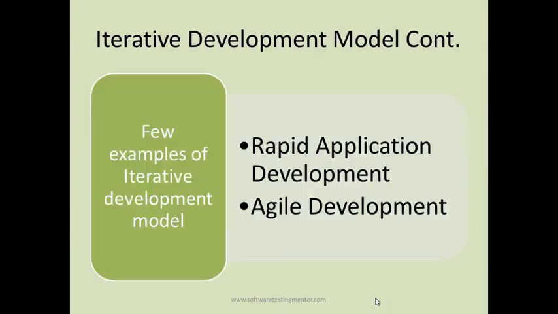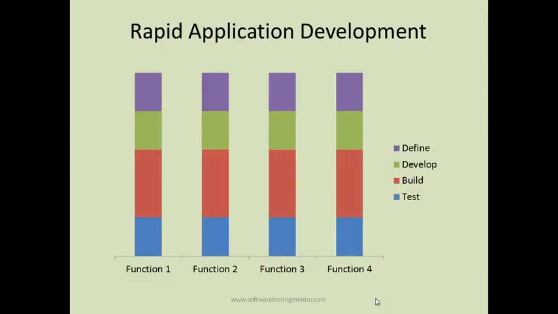Some of the examples of the iterative development model are rapid application development and agile development. Rapid application development is also a development methodology which is an iterative development methodology. In this methodology, you develop all the functionality at once.